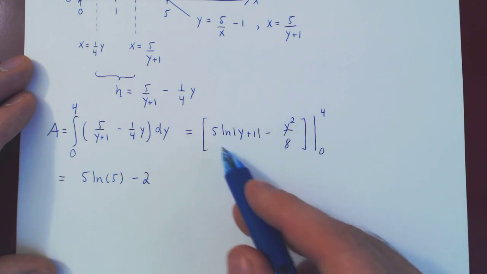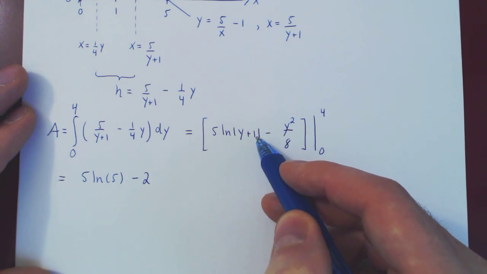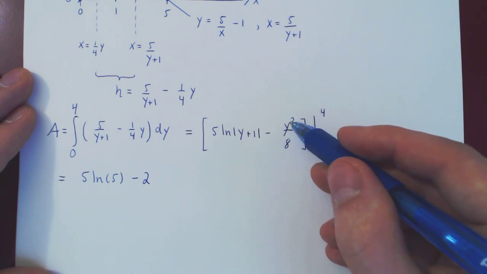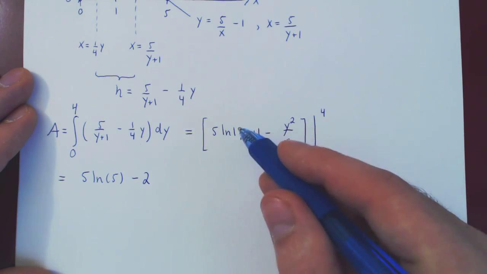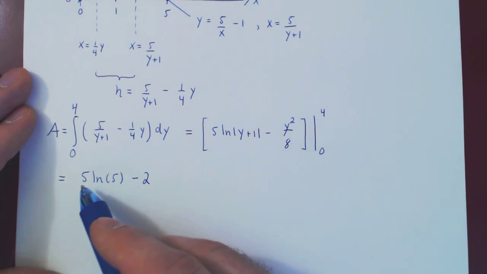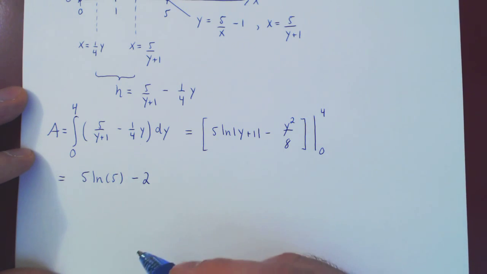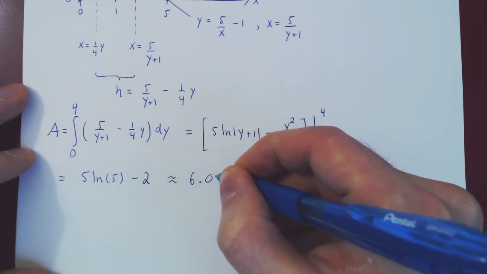Minus this function when y is 0, but we get here ln of 1, which is 0, so this term goes away. Minus 0 squared over 8 is also 0, so this function evaluates to 0 when y is 0. So there's nothing left. And so the answer is 5 ln of 5 minus 2, as was the case with vertical rectangles. And again, this is approximately 6.04.